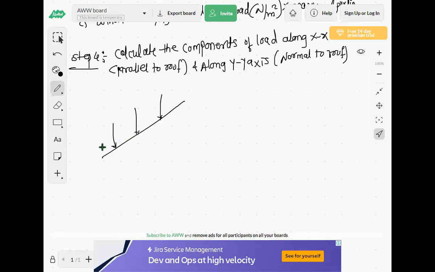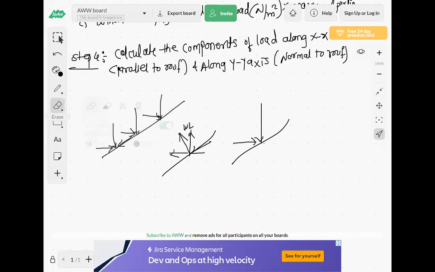So we have to resolve this in the x direction and in the y direction. How will it resolve? Resolved in x this way, in y this is y. So we have to resolve it into x and y components. If this is perpendicular, the wind force, this is wind load, then resolve it into x and y. Are you getting it? Like this.